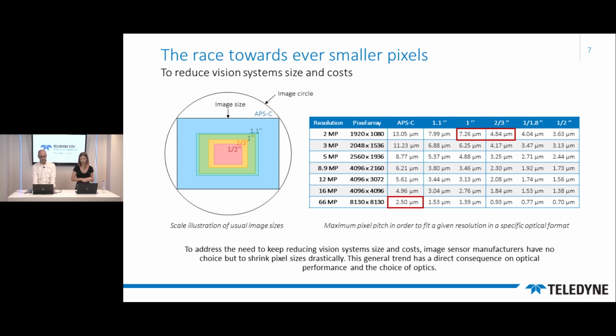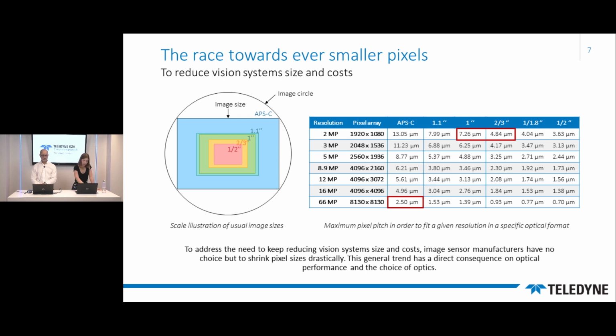The second explanation is directly linked to the optics and the impact it has on the size and the cost of a typical vision system. More precisely, I'm talking about the image size. You have here represented on the left the image circle with the image size inside. The image circle, just to remind, is the cross section of the cone of light that is transmitted by the optics.